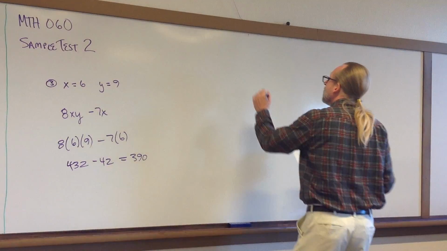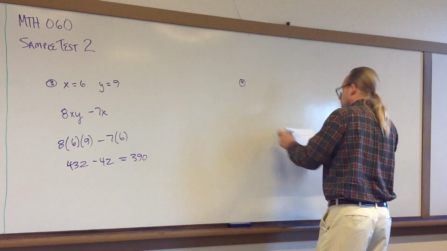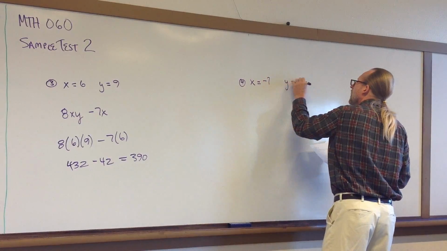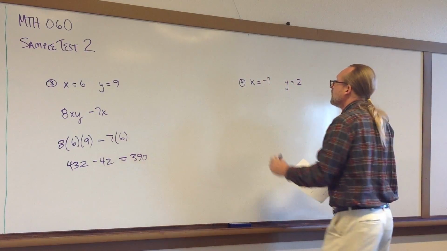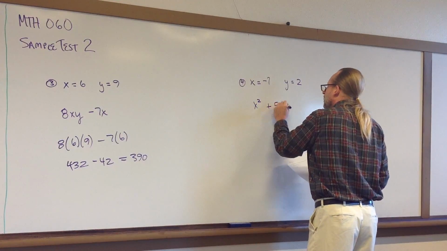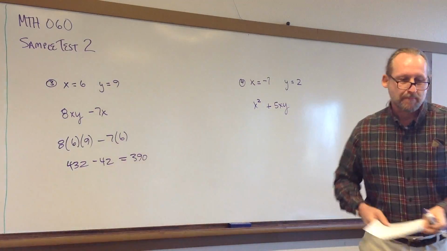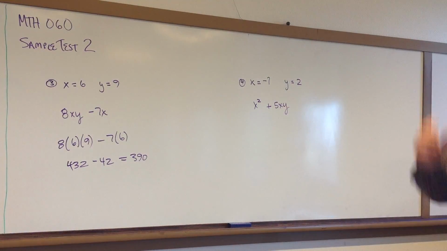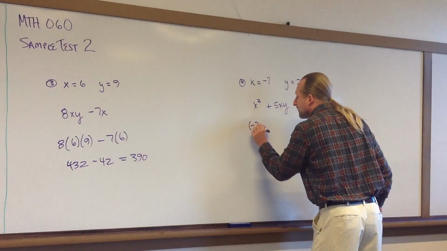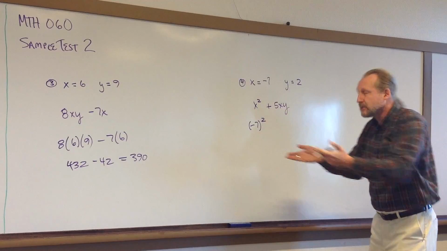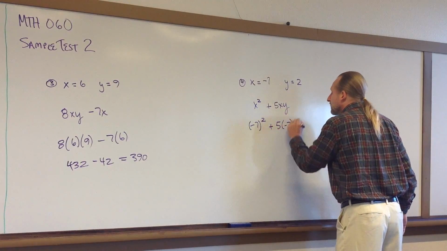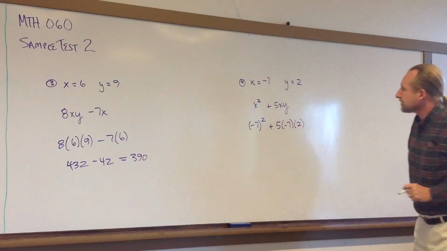Problem 4, x is negative 7, y is equal to 2, and we want to calculate the value of x squared plus 5xy. All right, let's see. So plug in the negative 7 for the x, and notice I put parentheses around the negative 7. And then plus 5 times negative 7 times 2.